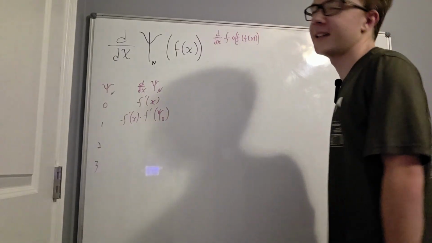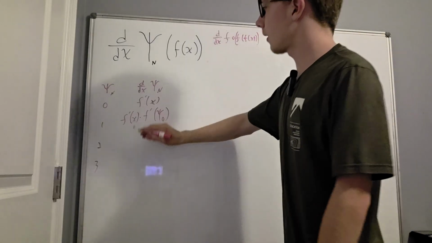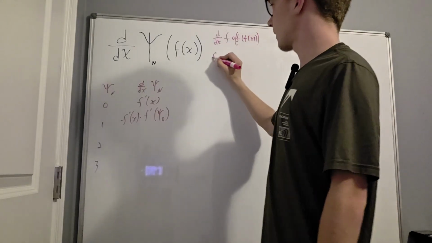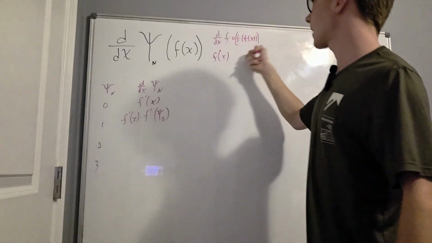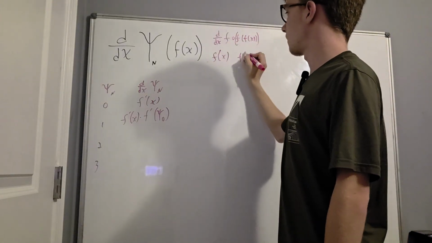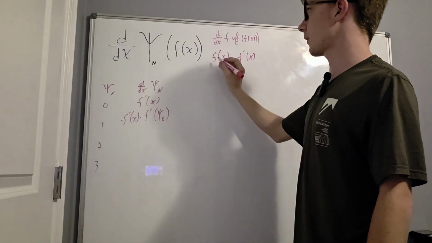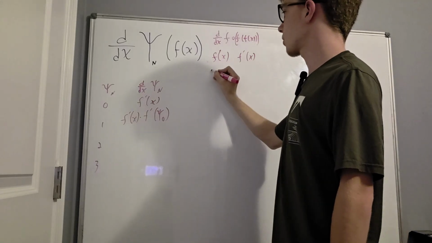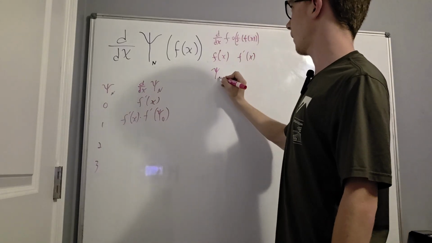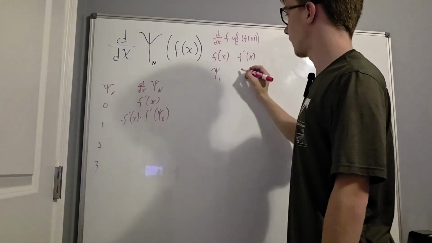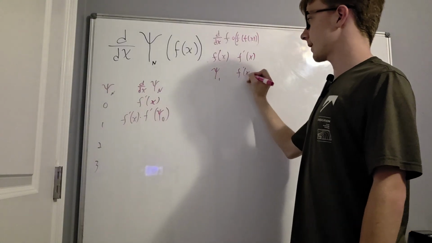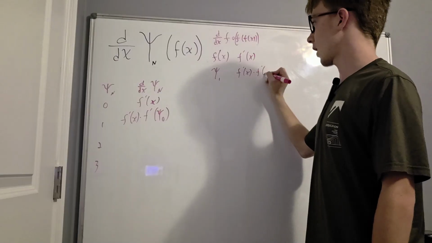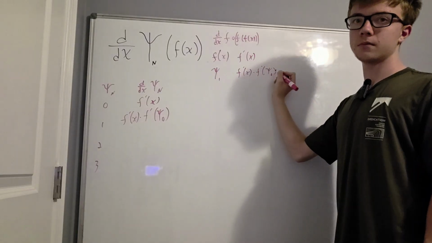Parentheses are hard, okay? So right here, I already know f of x is my outside function. My inside function here is, first of all, derivative of f of x is f prime of x. Derivative of my inside function. My inside function is psi 1. Derivative of psi 1 is f prime of x times f prime of psi 0.